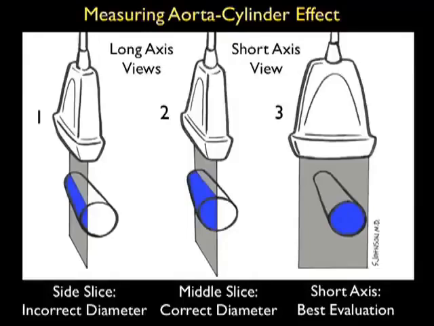Positioning the probe towards the middle, as shown in probe position 2, will get a correct diameter, but this can be difficult to ascertain using the long-axis orientation. A better orientation is to position the probe in the short-axis configuration, as shown in probe position 3. One can then get a sense of the true lumen and get the best measurements of the abdominal aortic aneurysm.